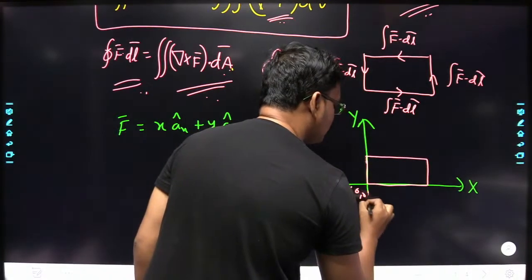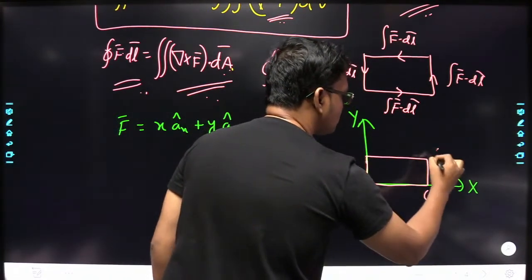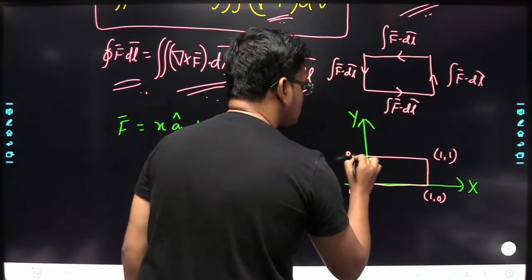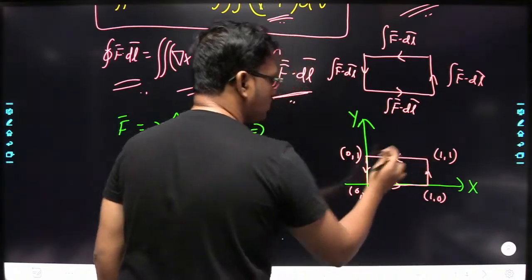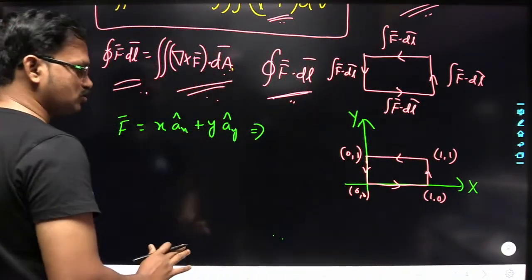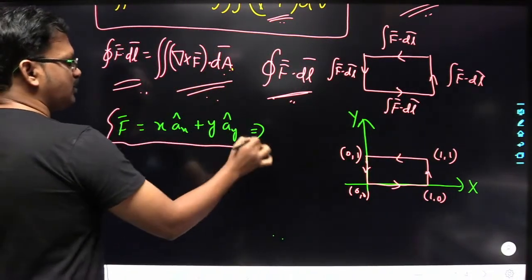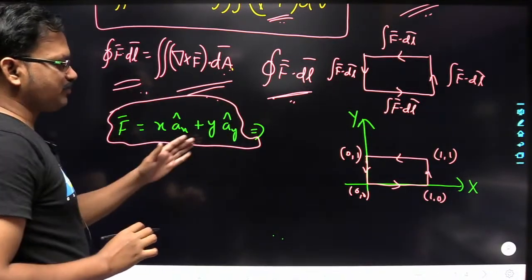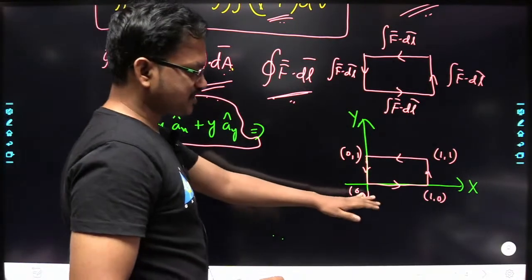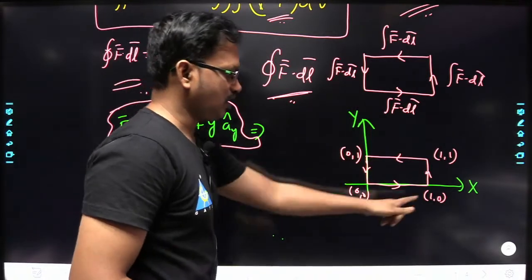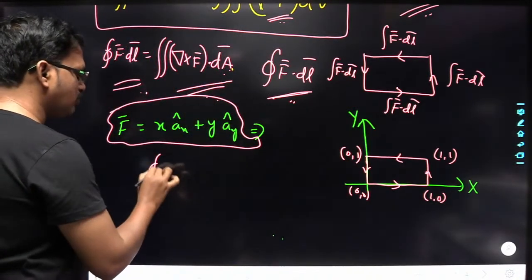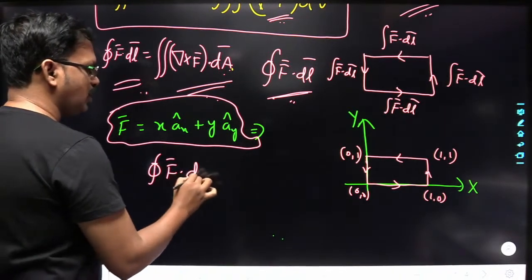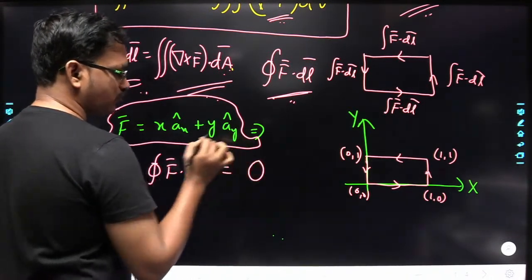This is (0, 0), this is (1, 0), this is (1, 1), and this is (0, 1). We tried to determine the circulation of the vector field around this closed loop, for f bar equal to x ax cap plus y ay cap. There we got the circulation of the vector field around the closed loop as 0.